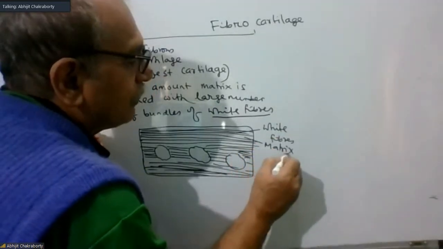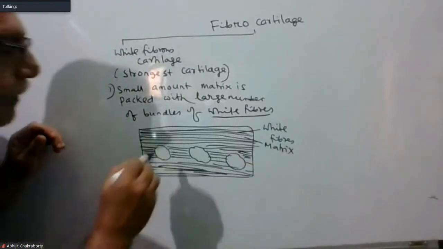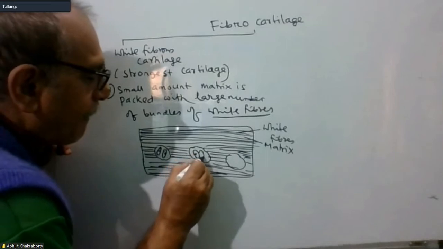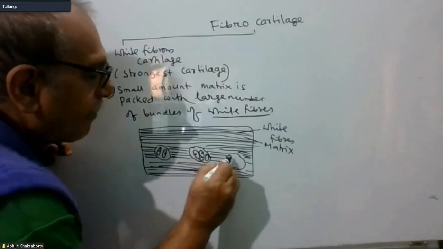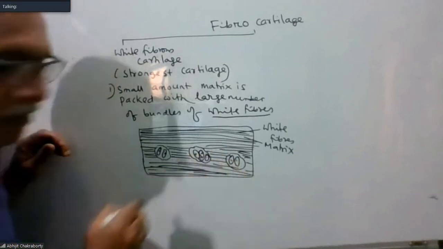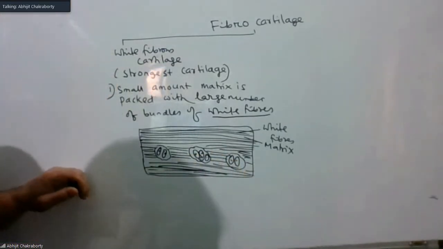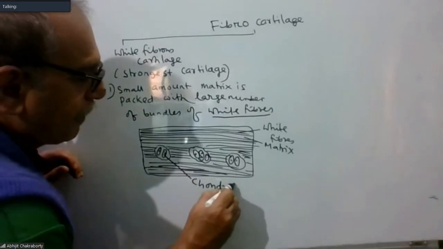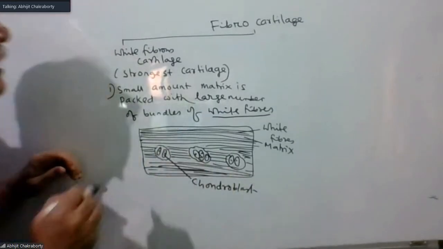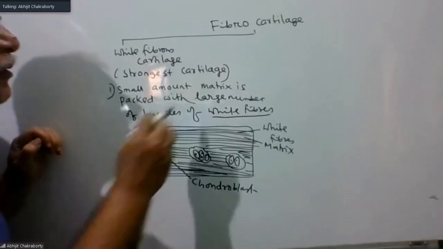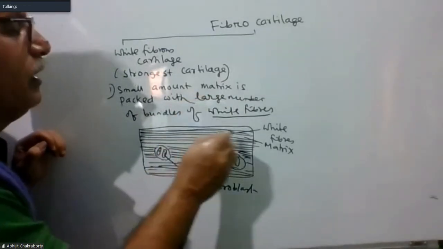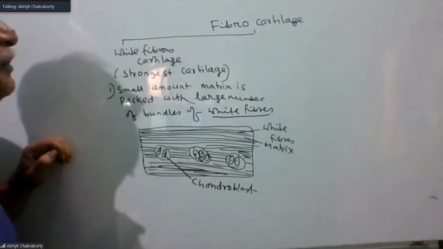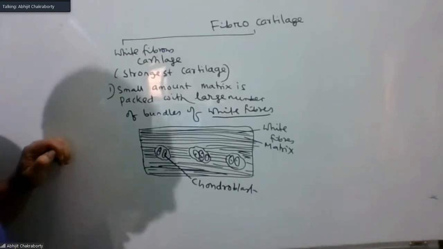That's why it's called a small amount of matrix. So these are the chondroblast cells. Then you can call it white fibers. Small amount of matrix, this is very small, and embedded large number of bundles of white fibers, which makes it tough and strong.